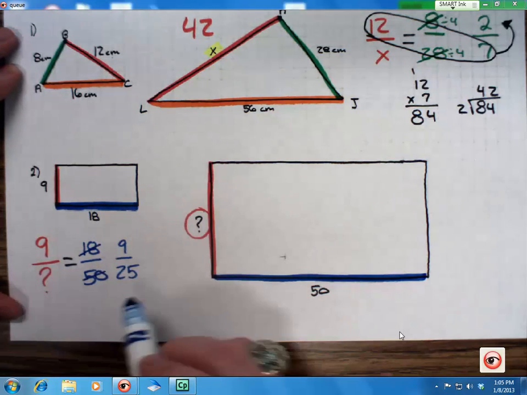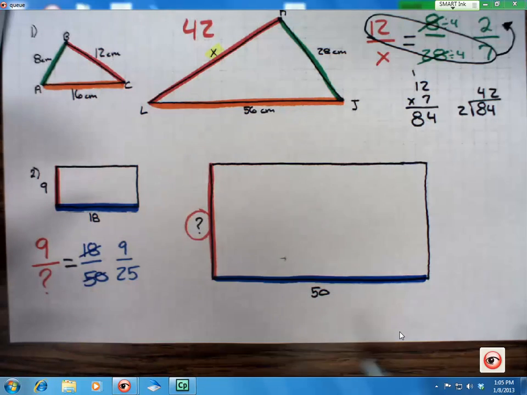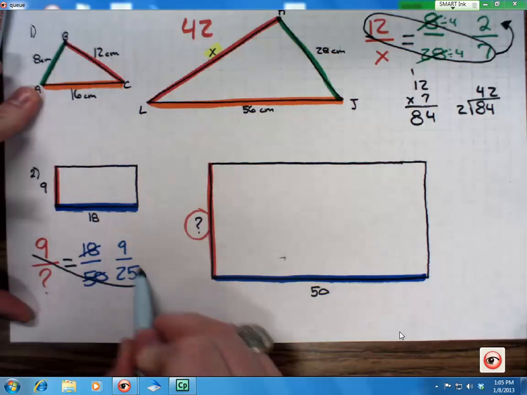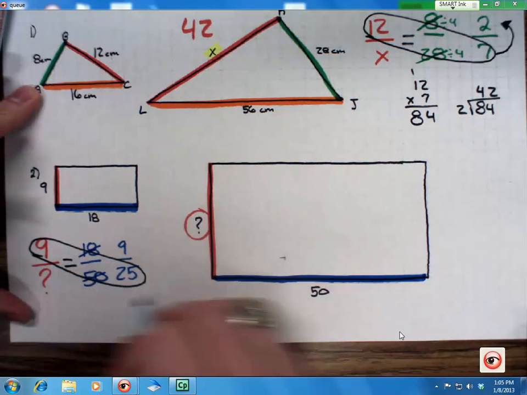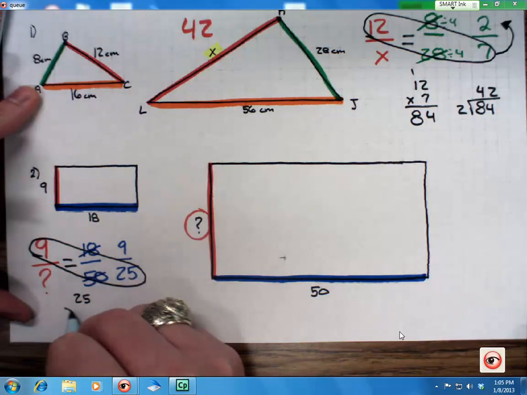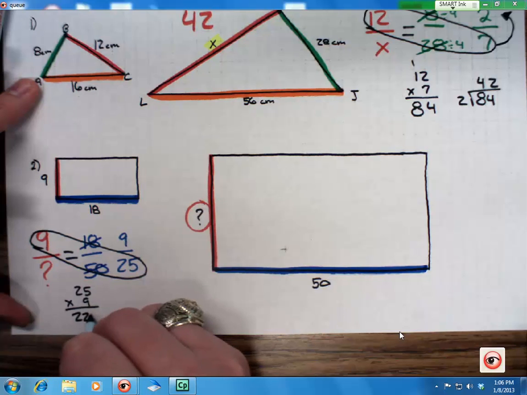Now, once I have that, I can cross multiply and divide just like I normally do to solve proportions. And we know that 25 times 9 gives me, that's right, 225.